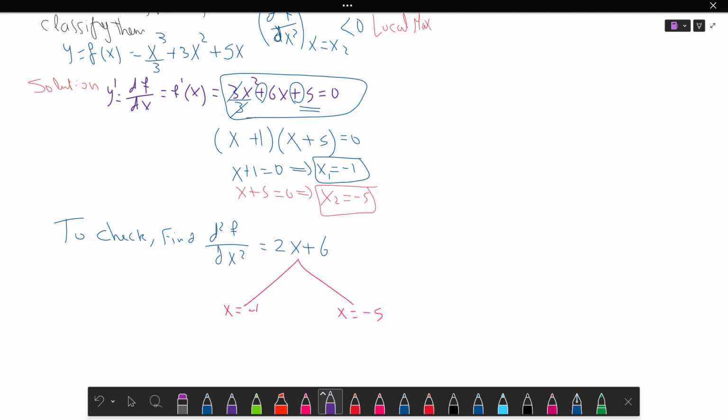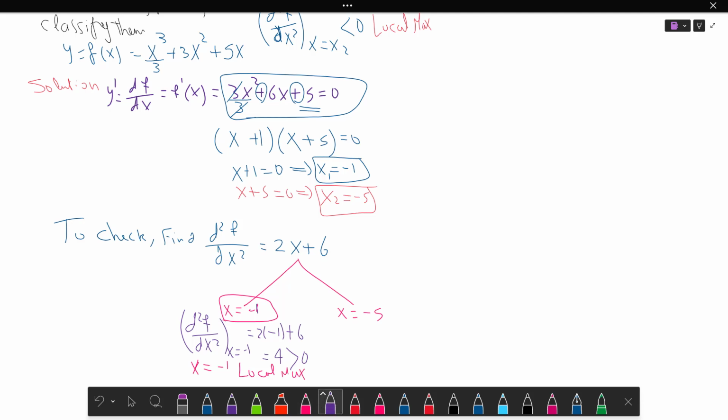If I have x equal to minus 1, the second derivative at x equal to minus 1 equal to what? 2 times minus 1 plus 6 equal to what? 4. I don't care about 4. I'm caring it is positive, right? So this one is the local minimum. x equal to minus 1 local minimum. Okay.